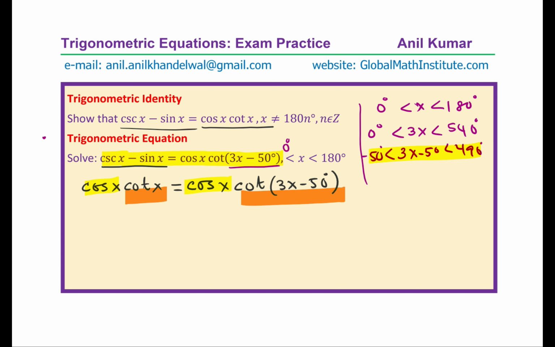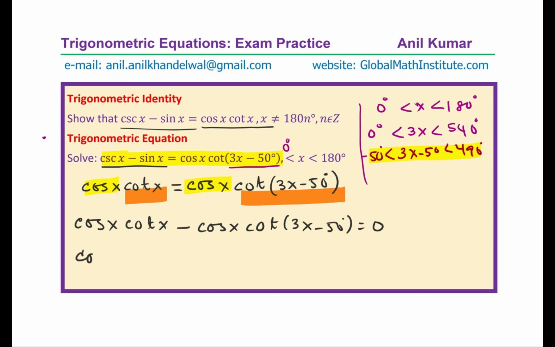So from the first part, how do we get that? Let me bring everything to the left side. Do you see that? Cos x cot x minus cos x cot of 3x minus 50 degrees equals 0.